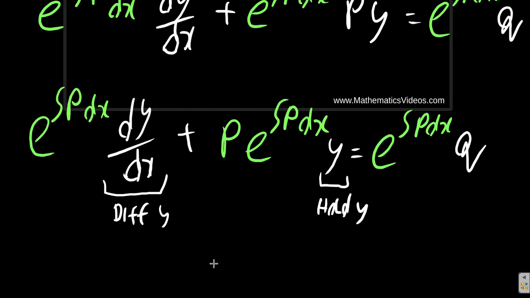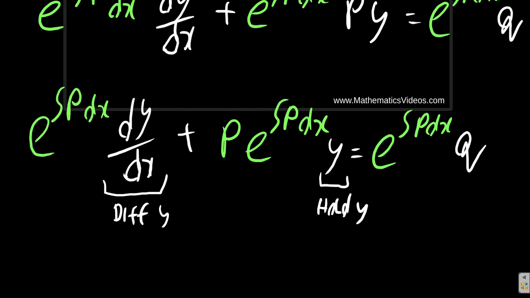It's just like when you have e to the 5x. When you differentiate that with respect to x, you get back e to the 5x, yes? But it's multiplied by 5. Similar situation.